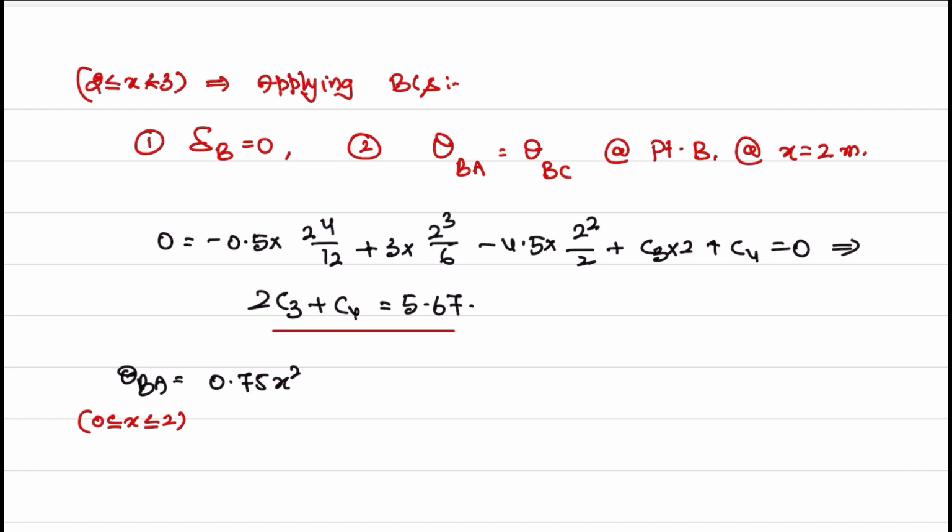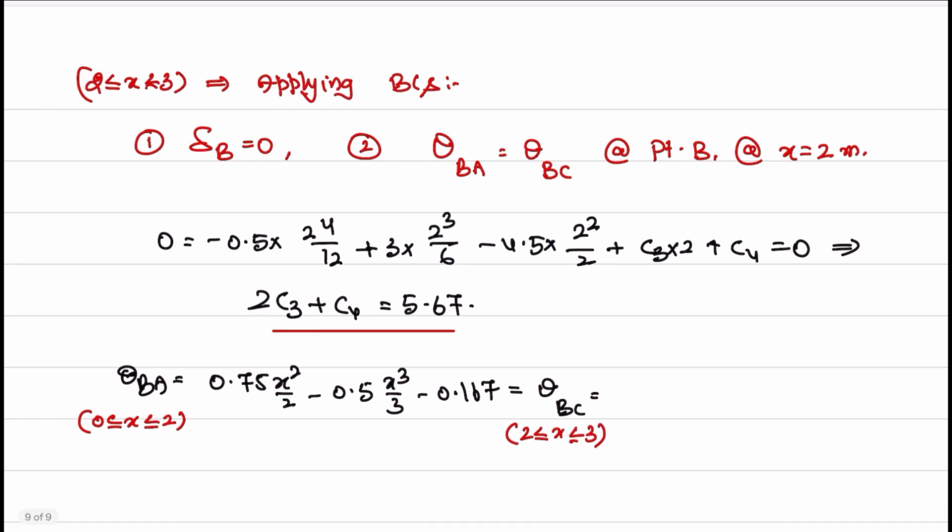That should be made equal to theta BC. 0.75 x square by 2 minus 0.5 x cube by 3 minus 0.167 is equal to theta BC. This theta BC is for the portion 2 less than or equal to x less than or equal to 3.